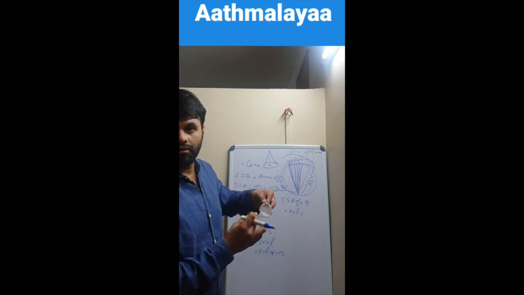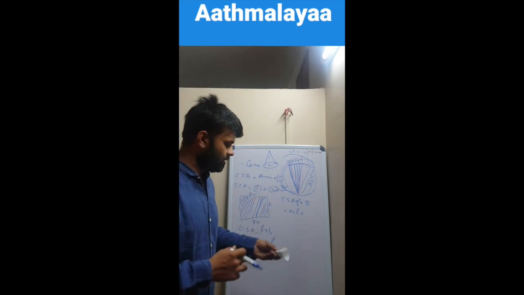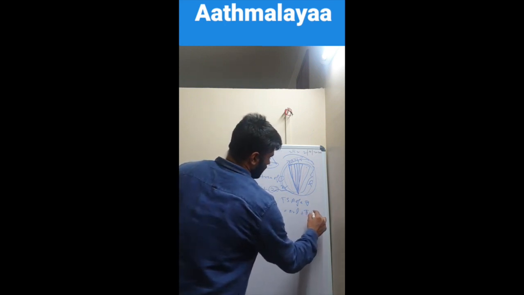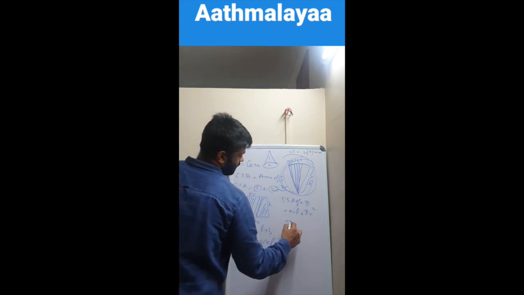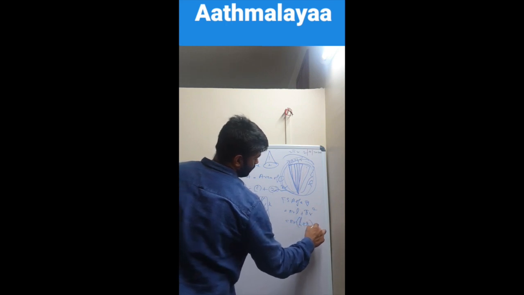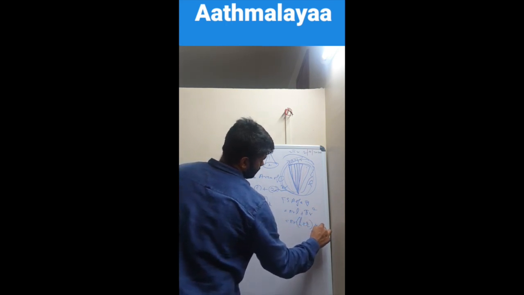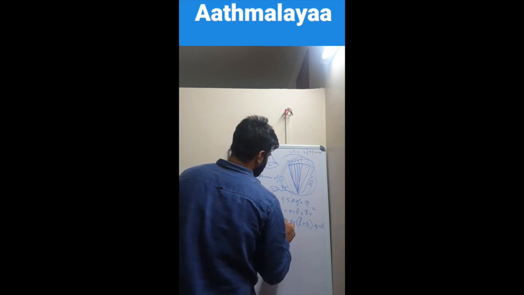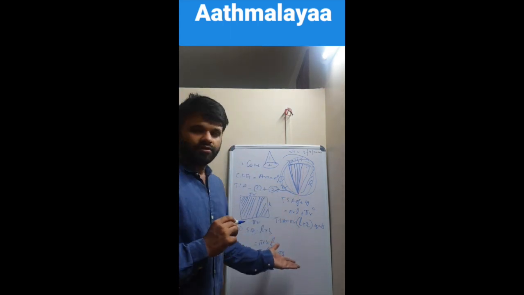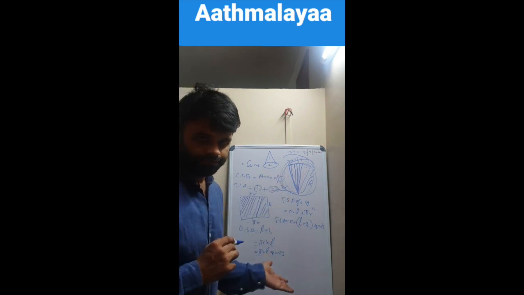You will have a circle. கரெக்டா? You will have a circle. அப்போ சர்க்கிளோட ஏரியா என்ன? You know it already, plus pi r square. You can take pi r in common, L plus r square units. This is nothing but the TSA. So curved surface area and total surface area of a right circular cone.